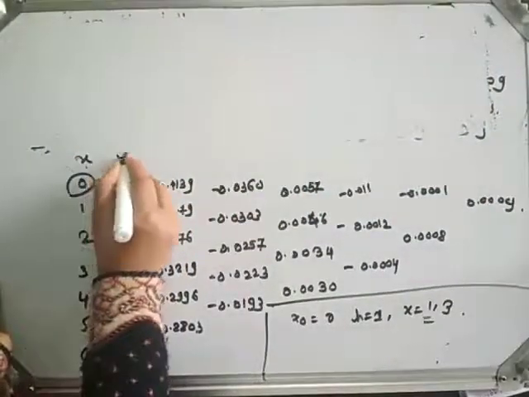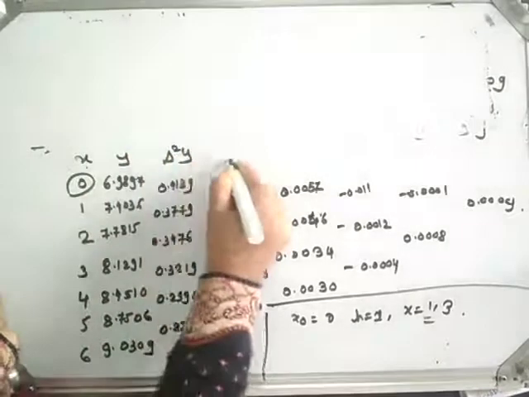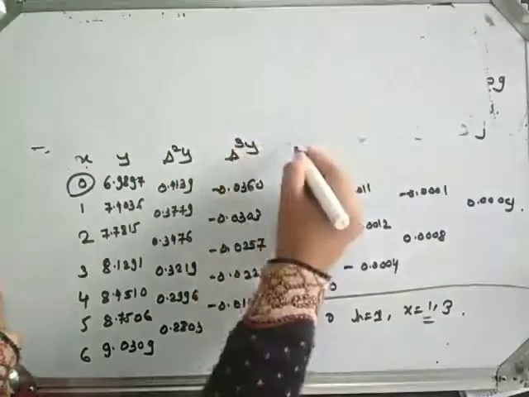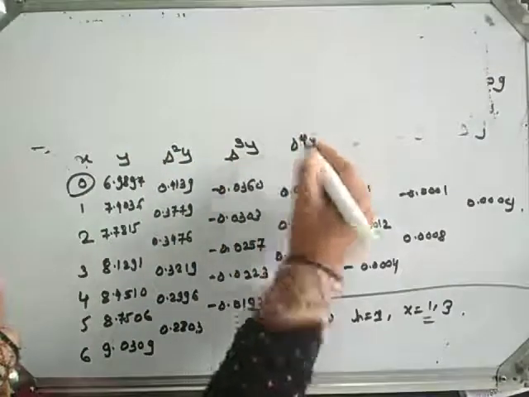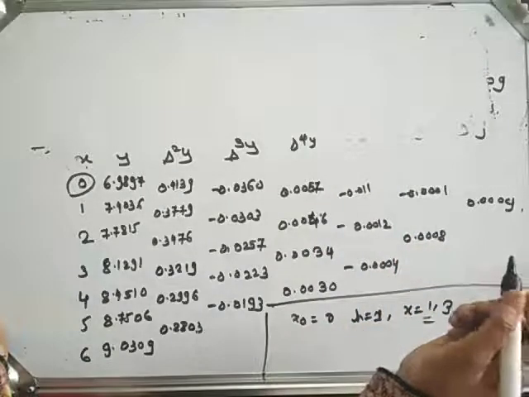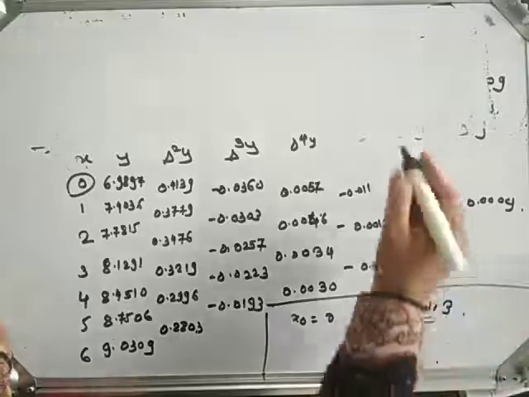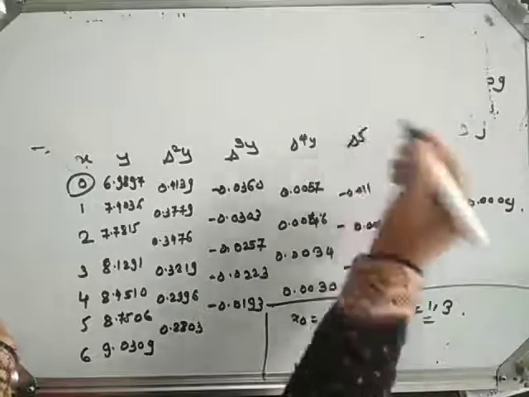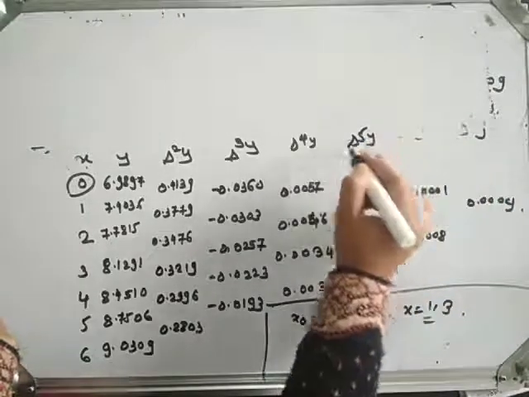Here is x, y, delta square y, delta cube y, delta raised to 4 y, delta raised to 5 y.